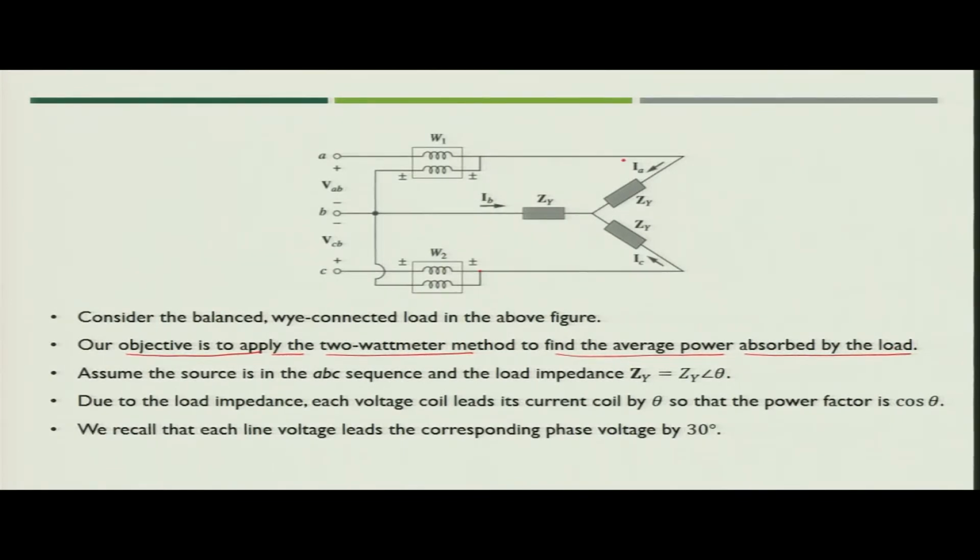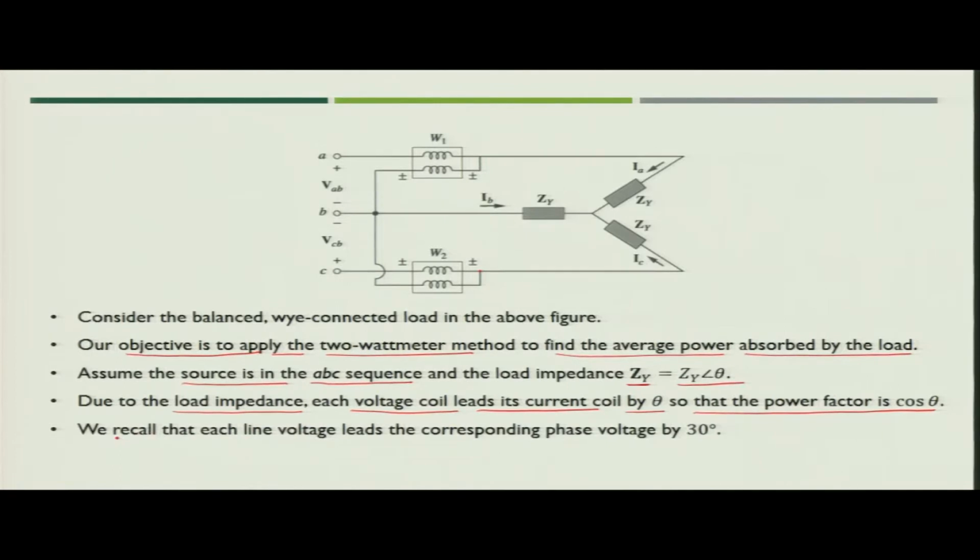Since we have considered the Y connected load and we assume the source is in ABC sequence, the ZY, if you convert it into phasor, will be a magnitude with some angle theta. So, we assume that the load impedance will cause the voltage lead its current by theta. In that case, the power factor is cos theta.